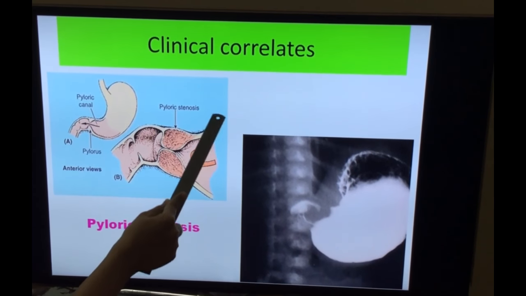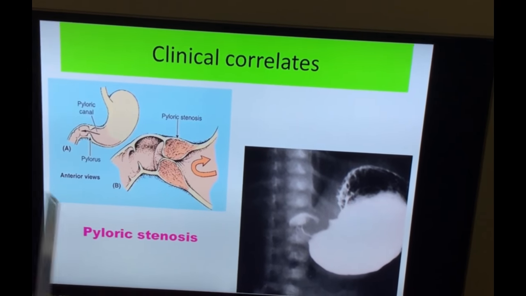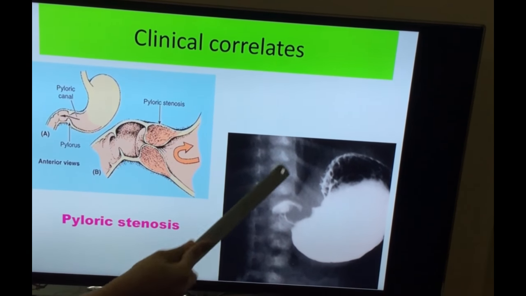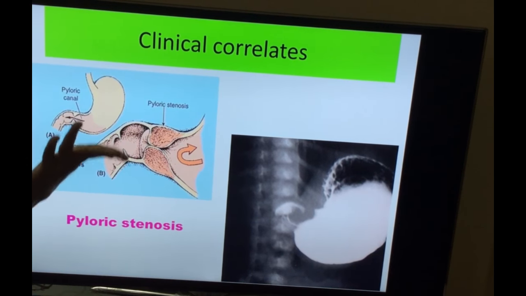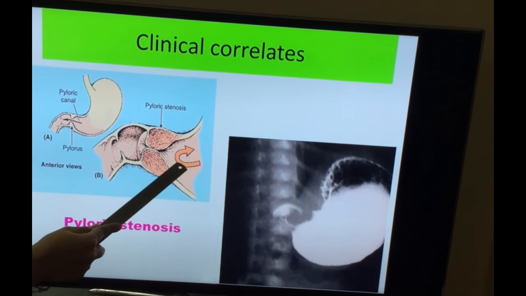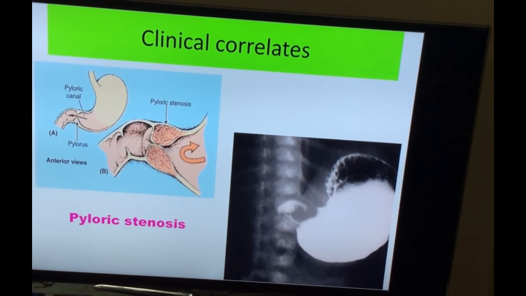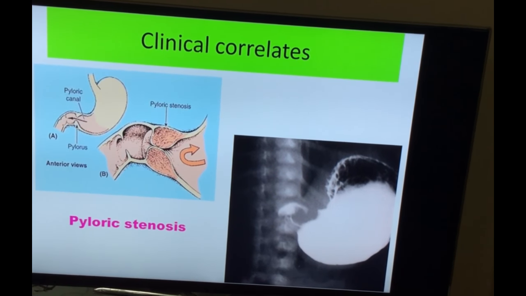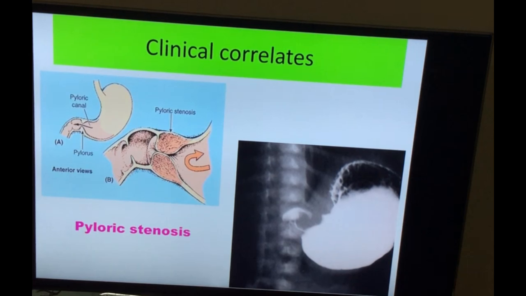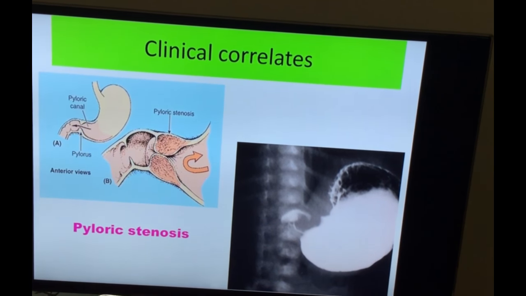So once the fetus starts feeding, there will be regurgitation, and that leads to projectile vomiting. Whatever food enters the stomach will regurgitate back. Projectile vomiting is the important sign of pyloric stenosis.